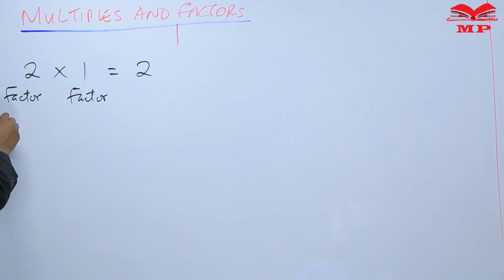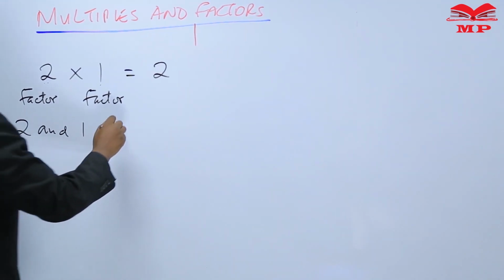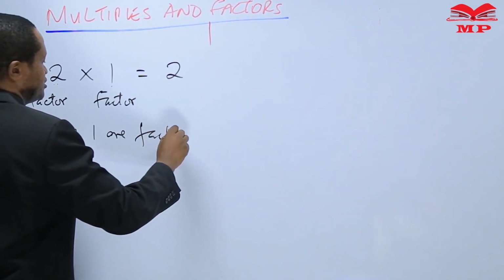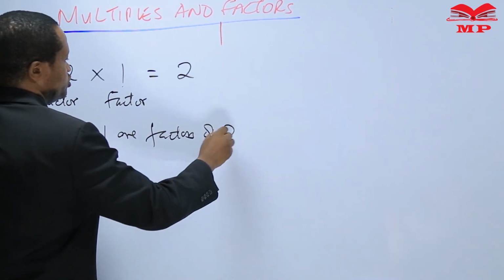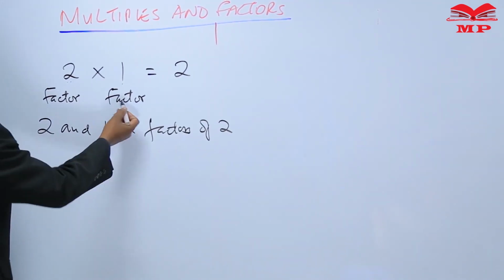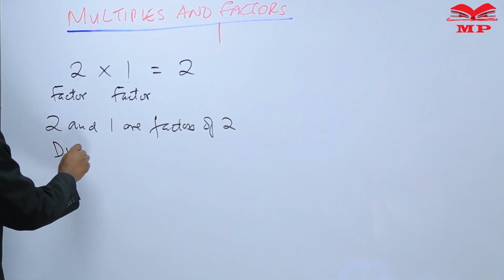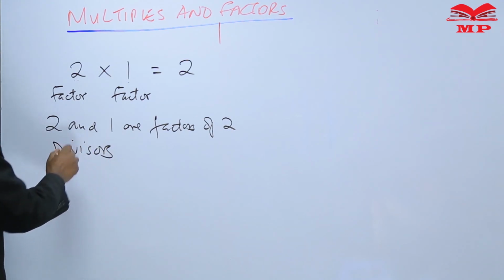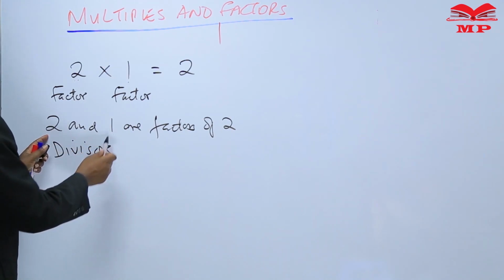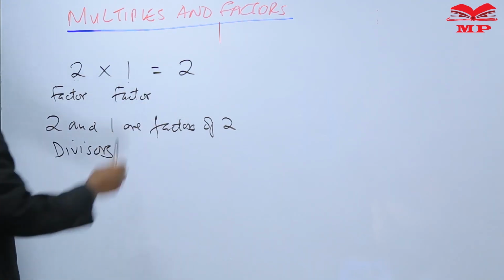So we can say 2 and 1 are factors of 2. These factors can also be known as divisors. 2 and 1 are divisors of 2.